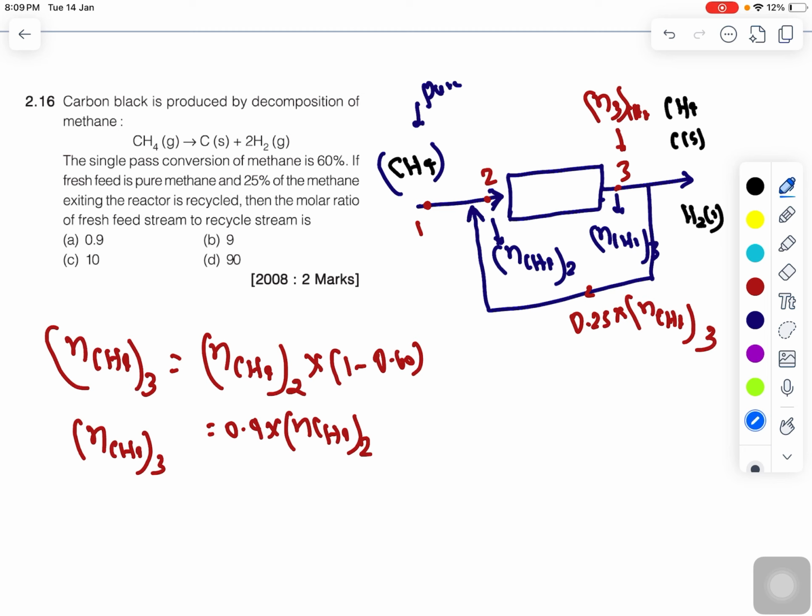After that, you are supposed to calculate the mole ratio of the fresh feed stream to the recycle stream. Let's say I assume the fresh feed stream is 100. Is that clear? The fresh feed stream is 100 only, and the single pass conversion you already know. So now what will I do?